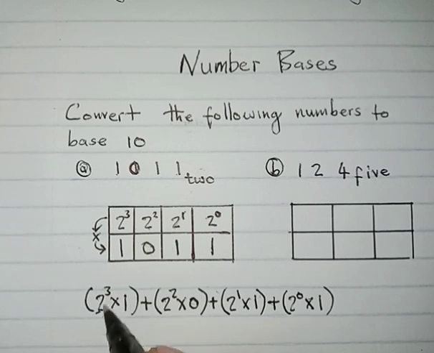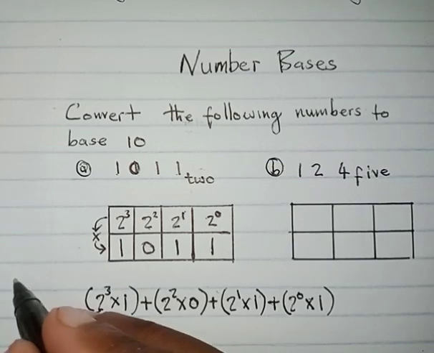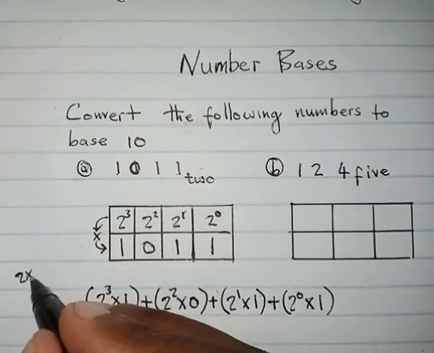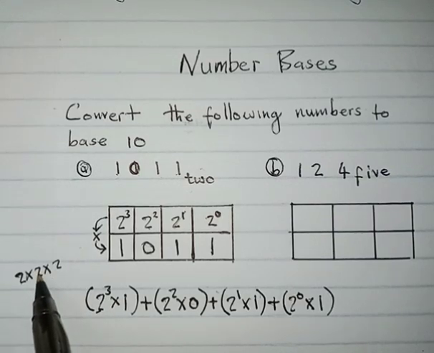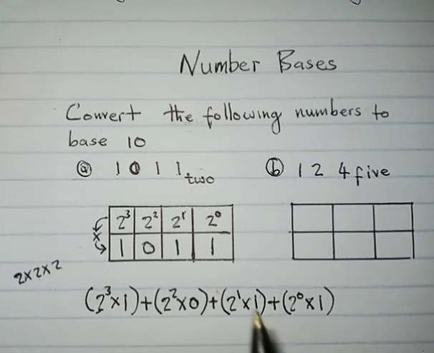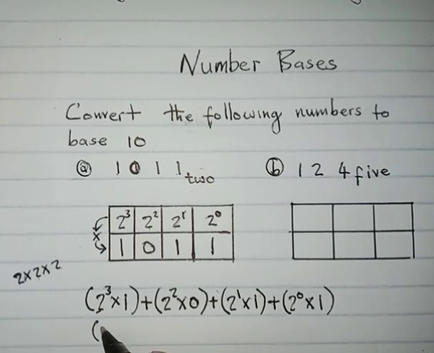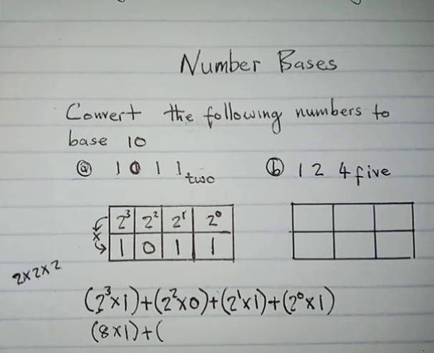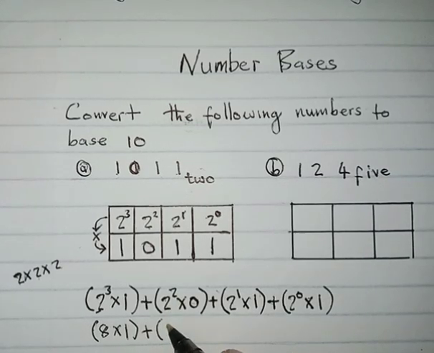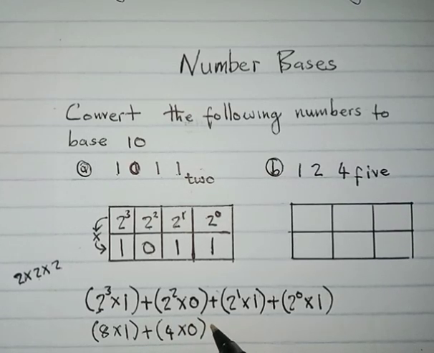2 to the power 3 means 2 times 2 times 2, which will give us 8. We have 2 times 2, we get 4, then 4 times 2, we get 8. So here we have 8 times 1 plus, then 2 to the power 2 means 2 times 2, and 2 times 2 we get 4, multiplied by 0, then plus.